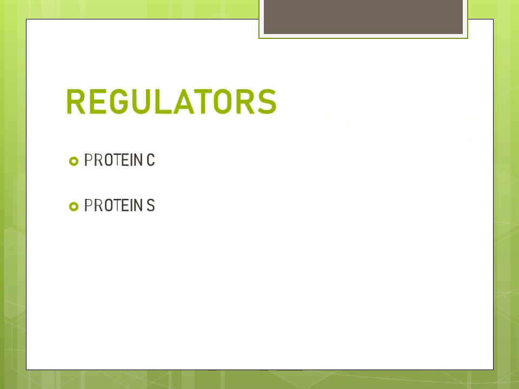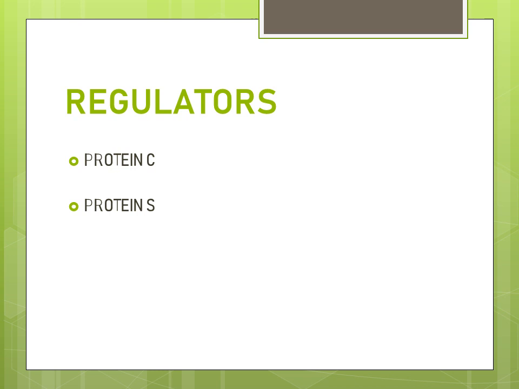Besides the cofactors, there are a few regulators which are also associated with the coagulation cascade, and they are protein C and protein S. The activated forms of protein C and protein S degrade factor 5 and factor 8. If there is deficiency of any of these regulators, it may result in a thrombotic state, because as you know, factor 5 and factor 8 are procoagulant.